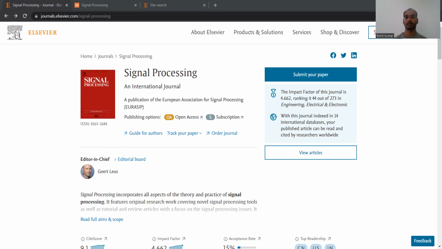Okay, so I think these details are good enough for a basic understanding of this particular journal. And if we want to discuss the most cited topics, because people do want to know what the most cited topics in signal processing are: Fourier analysis obviously is quite popular because of the heavy use of Fourier in signal processing.